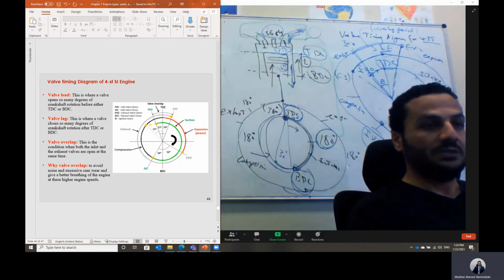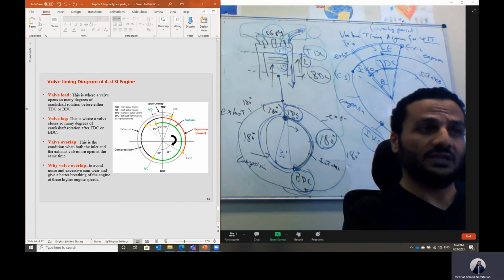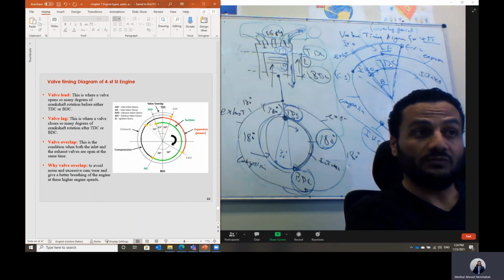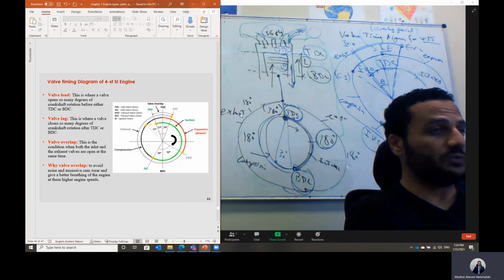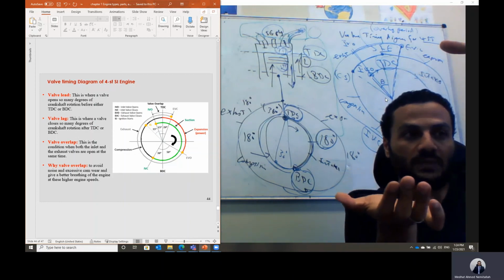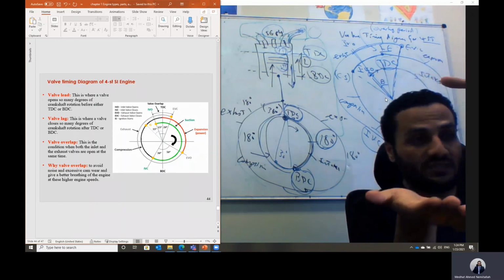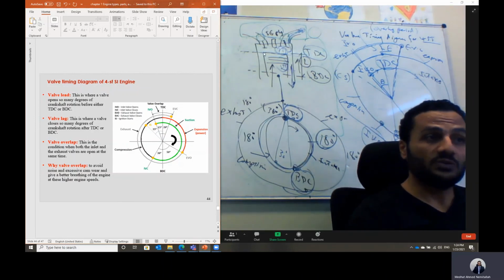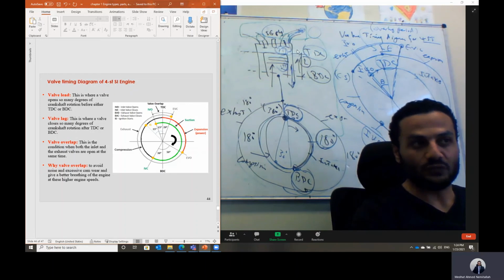It makes sure that all of the exhaust gases have left the engine, and it allows better breathing of the engine. Also, we cannot open the exhaust valve at the bottom dead center, and we cannot open the intake valve when the piston is at the top dead center, because the piston is moving. If the piston is at the top dead center and this valve is trying to open, this valve may hit the piston head, in case of a smaller clearance.